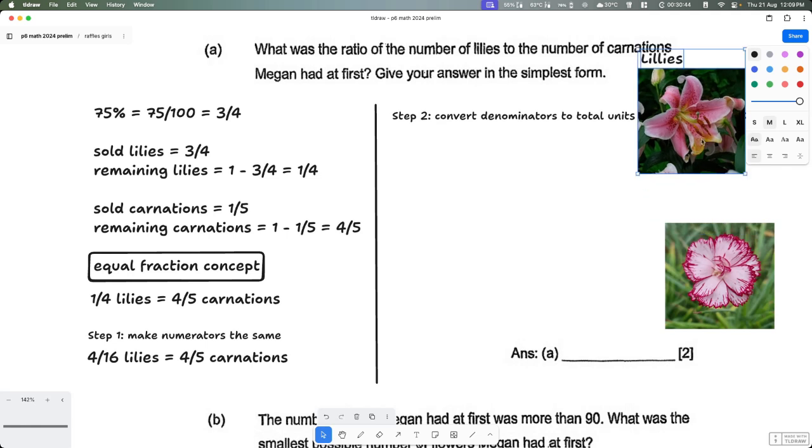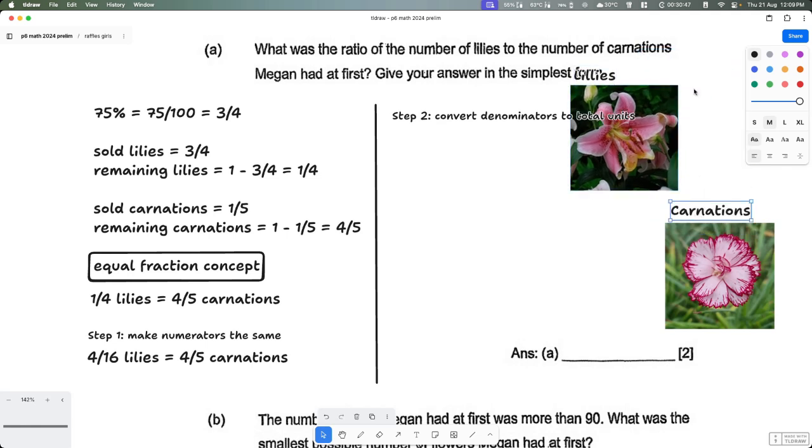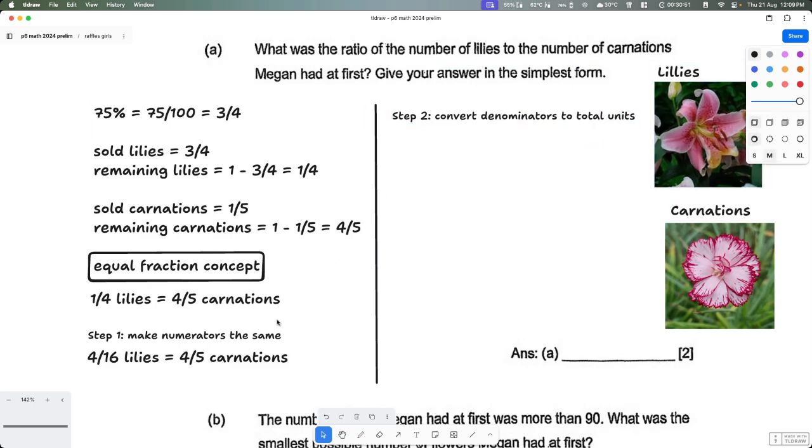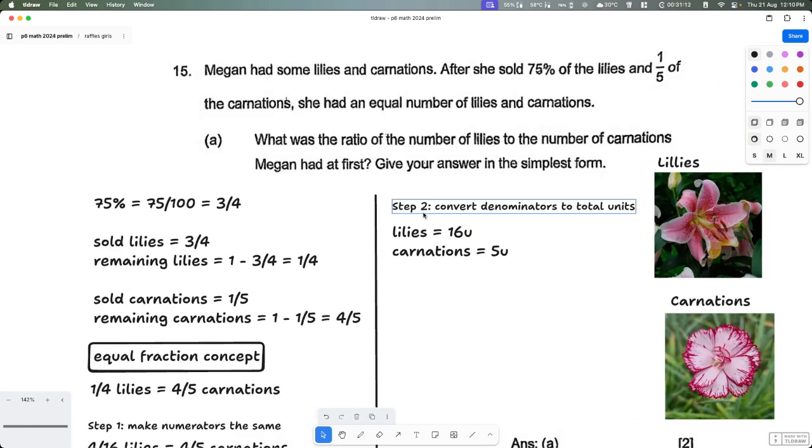Carnations is below. So with this, lilies will then become 16 units, and carnations will then become 5 units. Okay, and then we can solve it. So for that, the ratio.